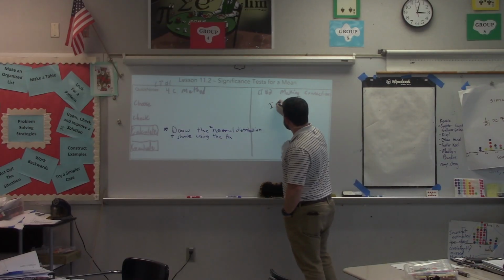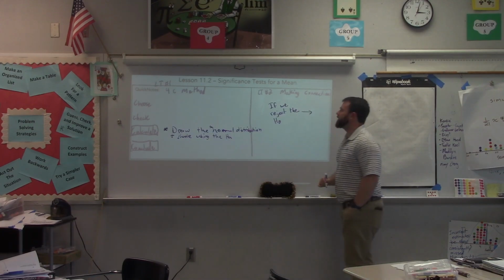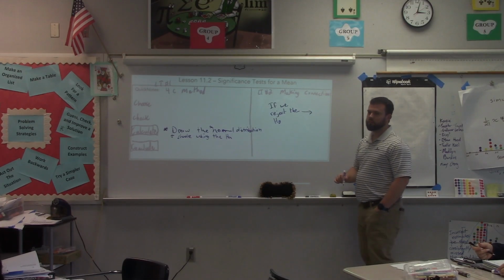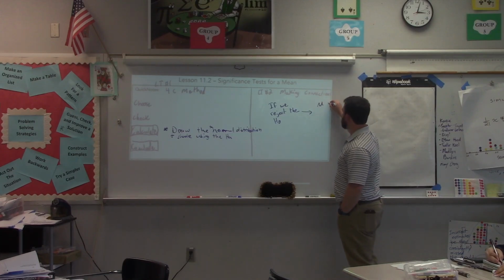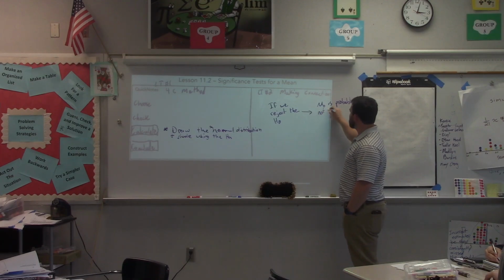So if we reject the null, what does that tell us about a confidence interval? Mu is probably not captured by the interval.